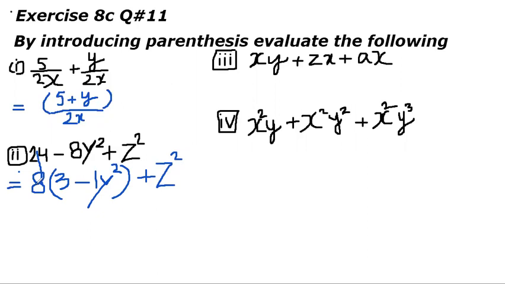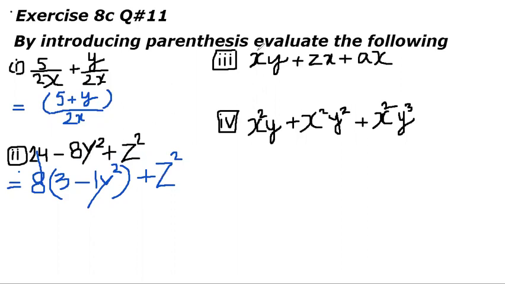That 8 is written outside by me, and inside the parentheses 3, because 8 times 3 is 24, minus 8 times 1 is 8y square. Actually, this answer is equal to this. And there is nothing in common in z square; z square will be written outside the parentheses without any change.